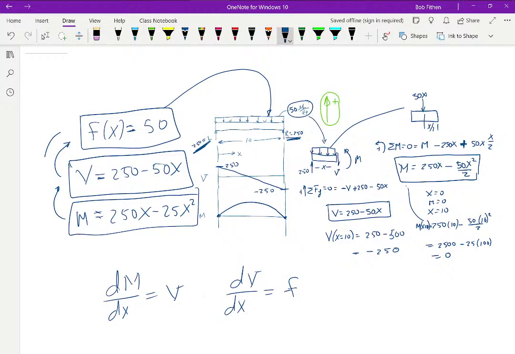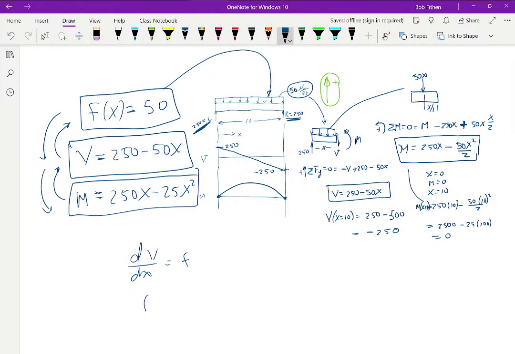But if I'm running this way, I integrate. So in other words, if I'm given this value and I want to find it, I have a relationship dV/dx equals f, where this is a function of x.